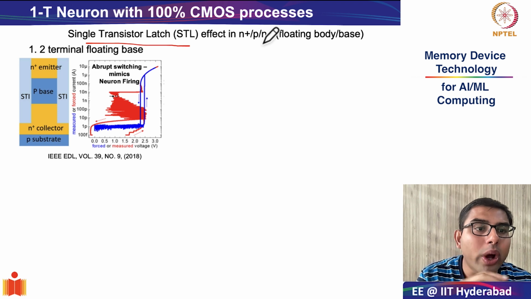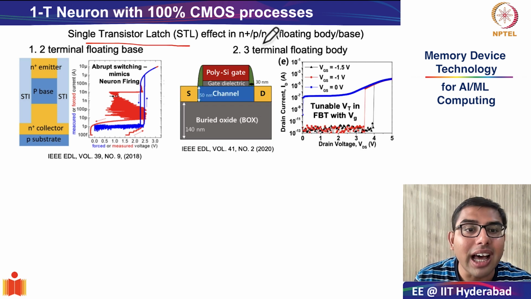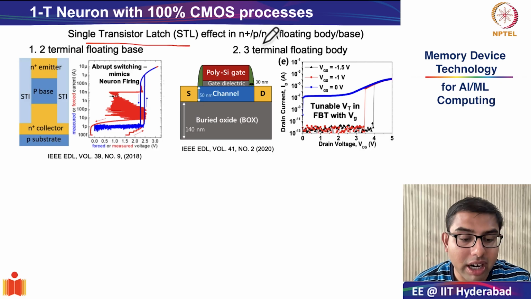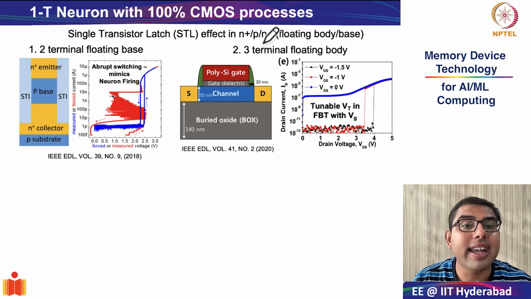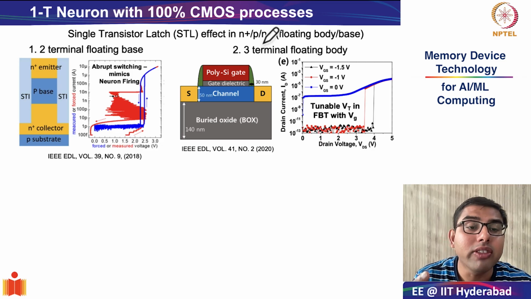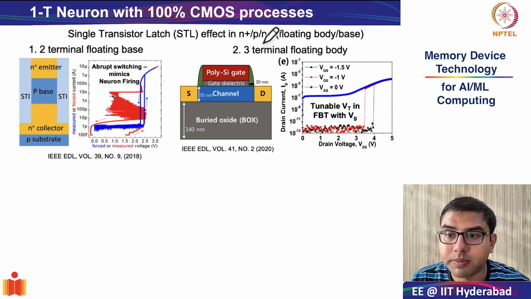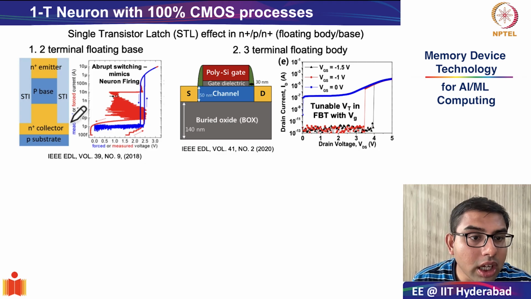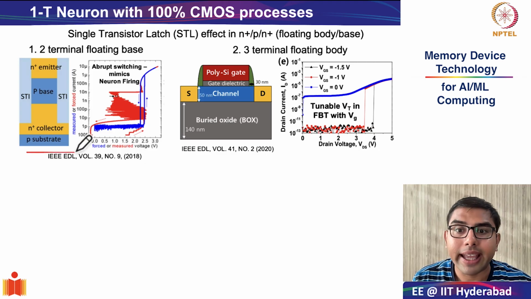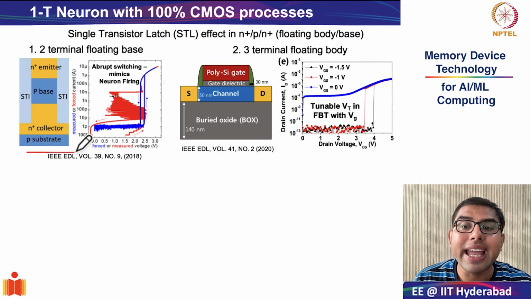Now, using two examples, one of a 2-terminal floating base device and another example of a 3-terminal floating body device, we will study what this single transistor latch effect is and how it helps in mimicking the behavior of neurons. So on the left hand side, the device that you see is an N plus P N plus silicon structure with a floating body or a floating base.